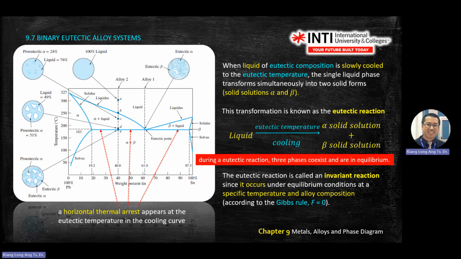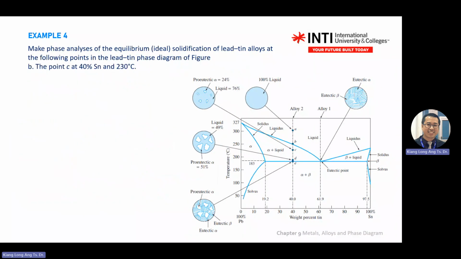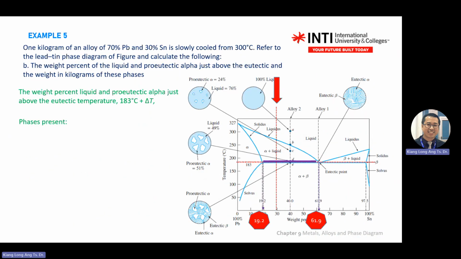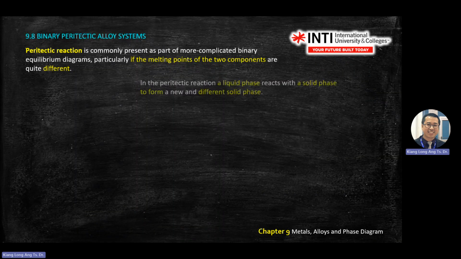Okay, today we go to peritectic. Okay, peritectic is from liquid plus alpha, you cool down, you get beta.